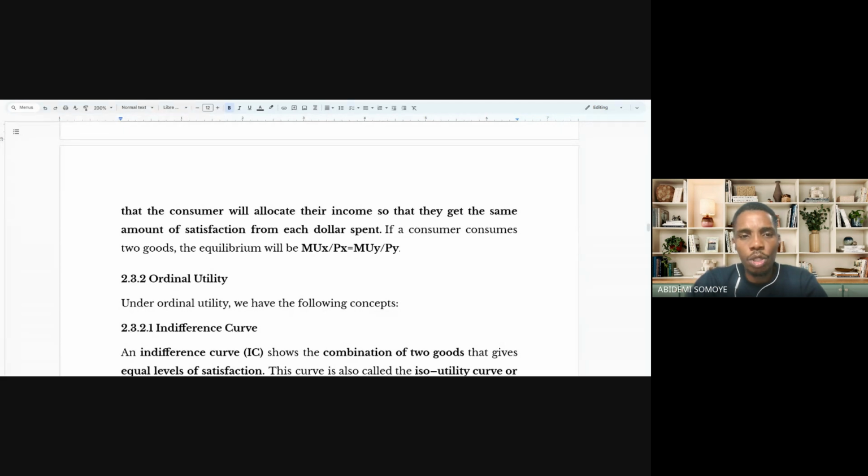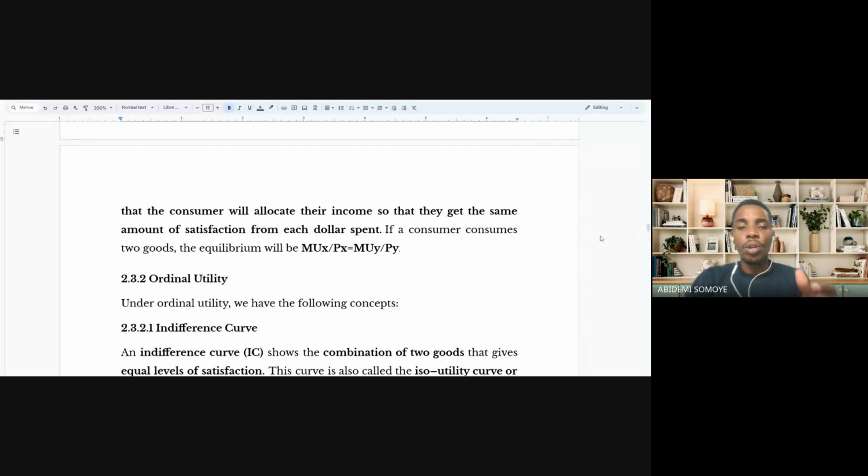If a consumer consumes two goods or more, okay, so more than one commodity case, you'd have marginal utility of X divided by price of X equals marginal utility of Y over price of Y. Okay, so these are the equilibrium conditions under cardinal utility.